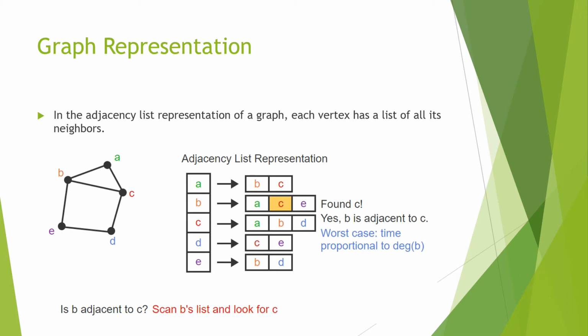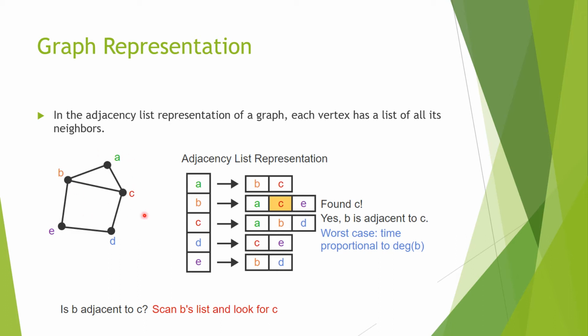There are many ways to represent a graph. One of the most famous ones is to use the adjacency list. In the adjacency list representation of a graph, every vertex has a list of all of its neighbors.